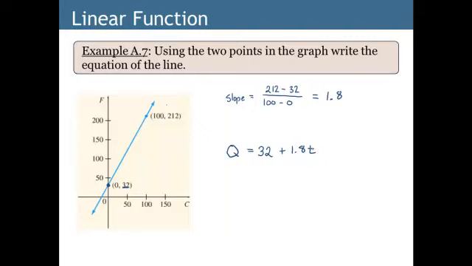So that's using our format from before. Now, you do notice there are labels on here. So actually, this axis is always the input axis. This axis is the output axis. So rather than Q, our output is F. And rather than t, our input's actually C. So by the way, this is the formula to convert from Celsius to Fahrenheit.